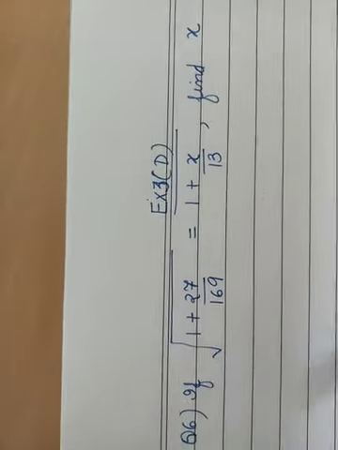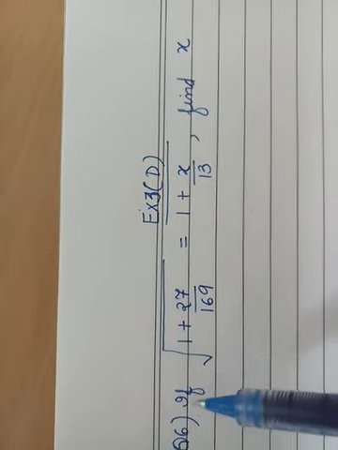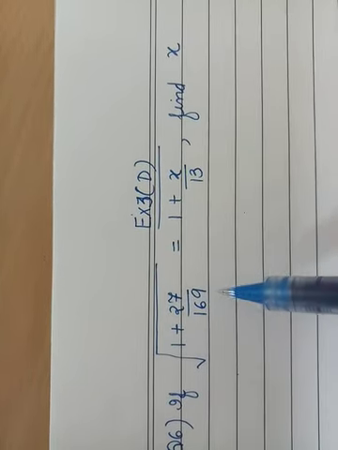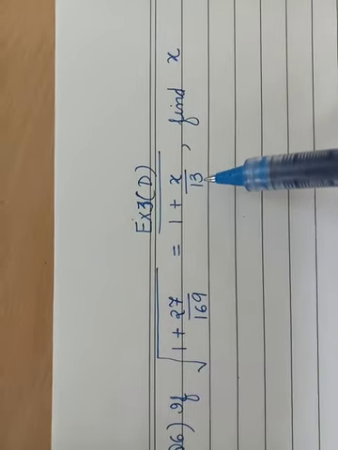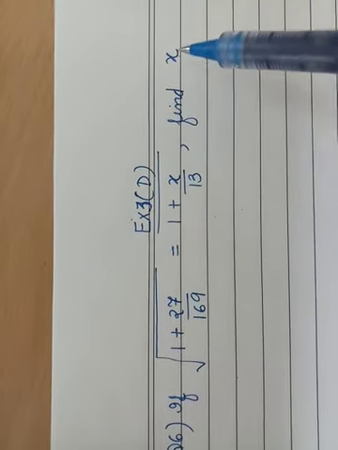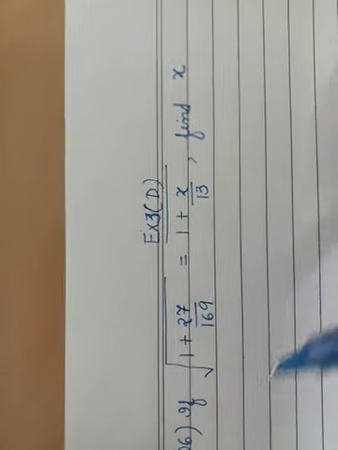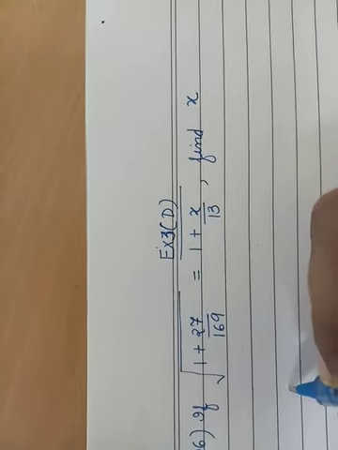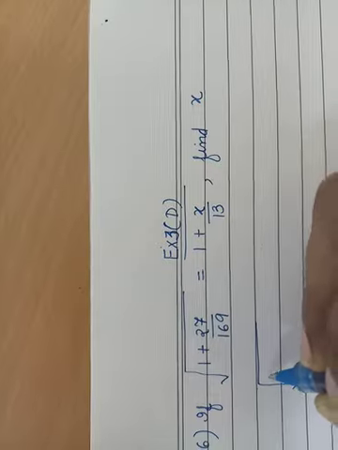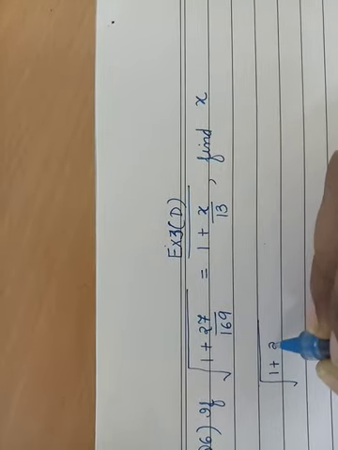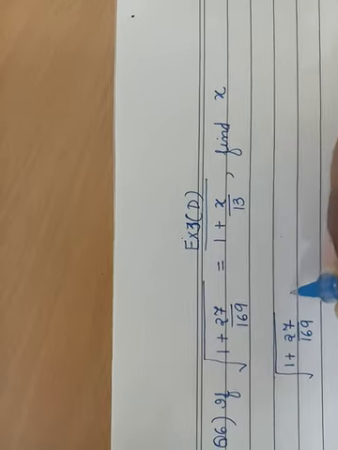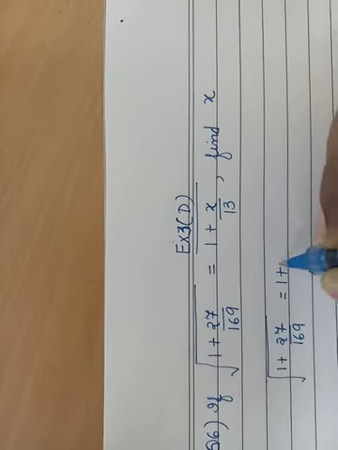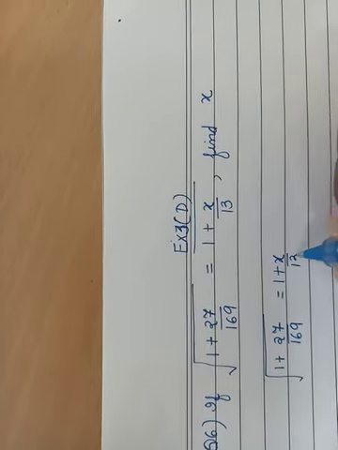Question number 6 is as follows. If the square root of 1 plus 27 by 169 is equal to 1 plus x by 13, find the value of x. See how we do it. Copy down the LHS part, that is the square root of 1 plus 27 upon 169 is equal to 1 plus x by 13.